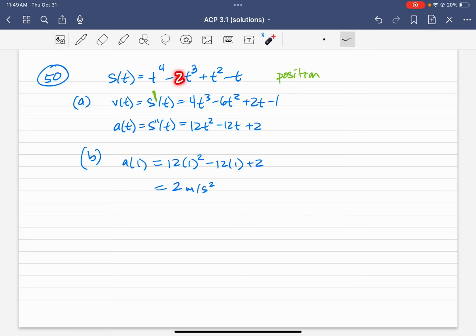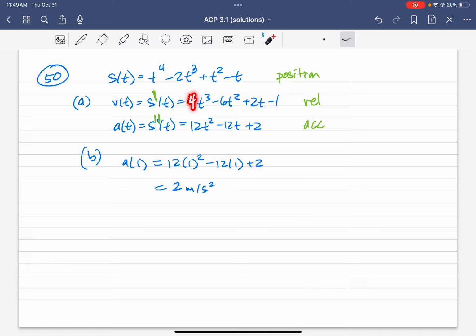The derivative of 2t cubed, well, I do 2 times t to the third, but the derivative of t to the third is 3t squared, so that 2 times 3 gives me 6t squared. The derivative of t squared is just my 2t, and the derivative of t is 1. So that's my velocity, but then the change in the change is my acceleration.